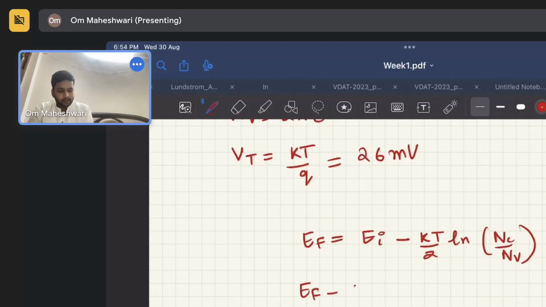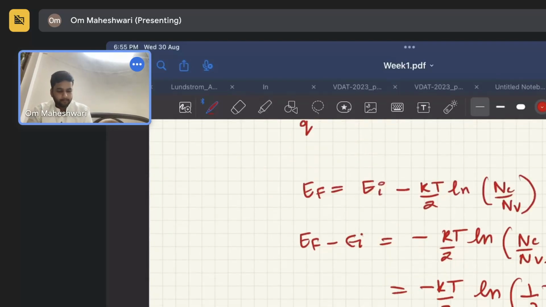So EF minus EI equals minus KT by 2 ln NC by NV, which equals minus KT by 2 ln 1 by 2, right? NV is 2 times NC.